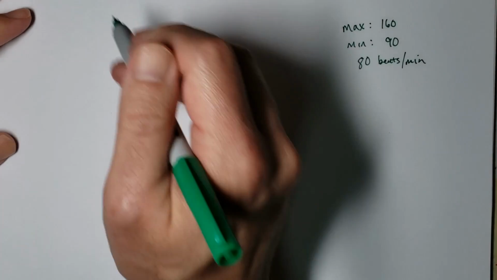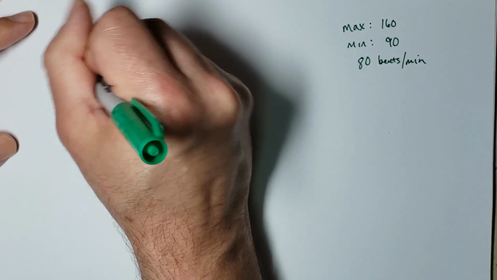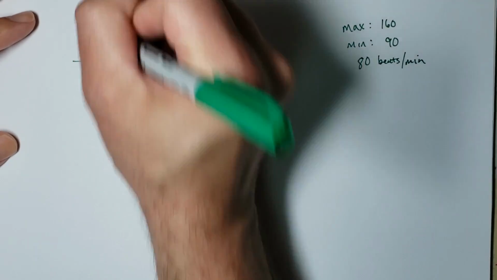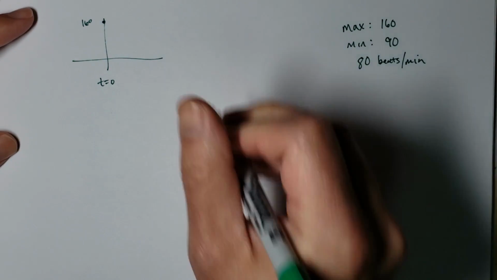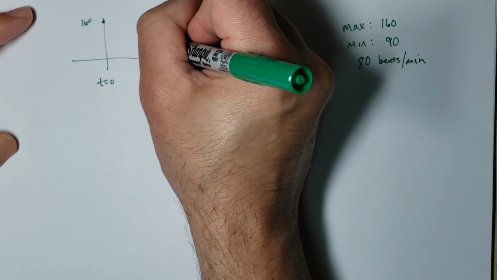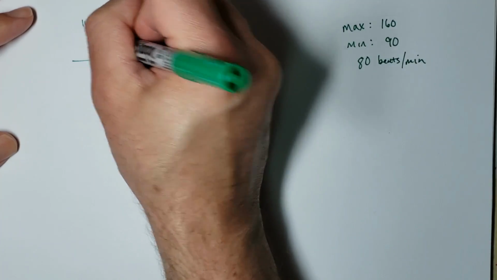So we're going to assume that this starts at time 0, that we're at our max, 160. And then at a later time, we are going to be at our min, which is 90.